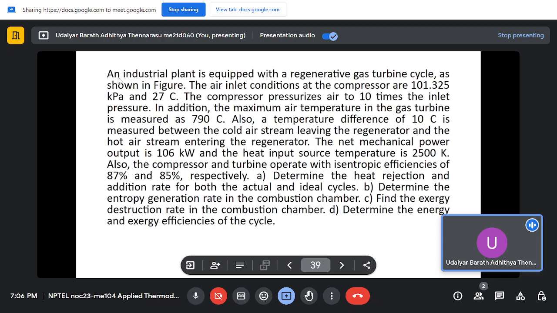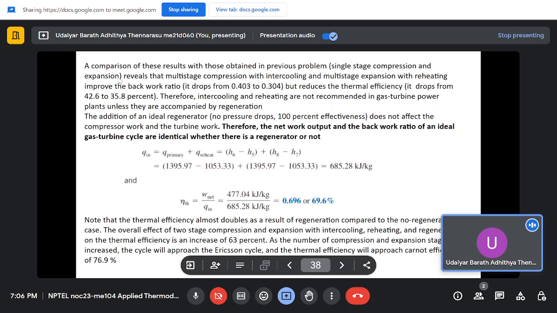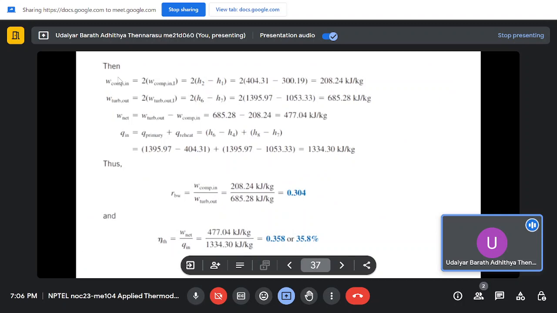So moving on, there are two approaches. Basically for solving any problem you have two approaches. One, you can use the actual air standard values which are available. So you can search for an air standard table and use those values to calculate, or you can calculate assuming an ideal case, assuming that air is an ideal gas, and solve using that.